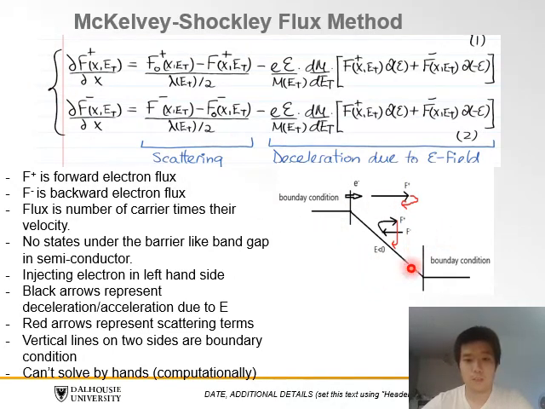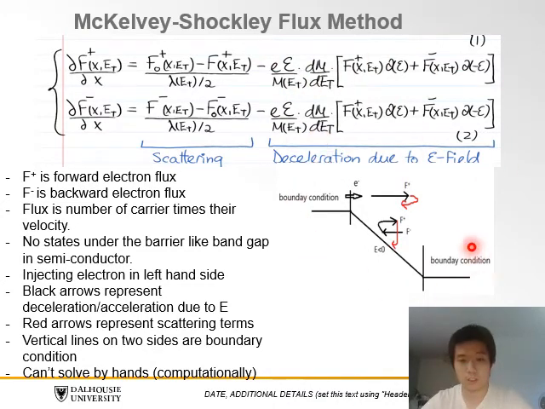This is the right contact, and this is the left contact of the material. We are injecting electrons on the left contact. Here, the black arrow represents the deceleration term in the equations.